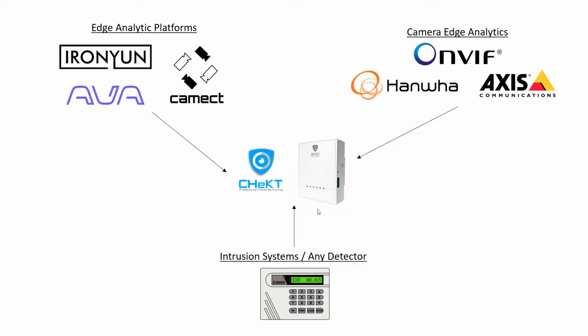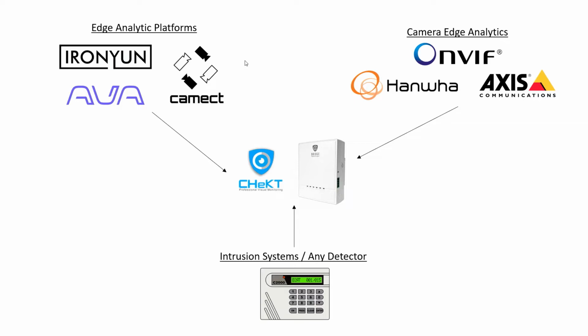It also features the ability to use the analytics on cameras. So if your camera supports high quality analytics like human filtering or human or vehicle filtering, loitering, things like that, I can use the analytics on that camera to trigger an alarm when people are detected in certain instances.